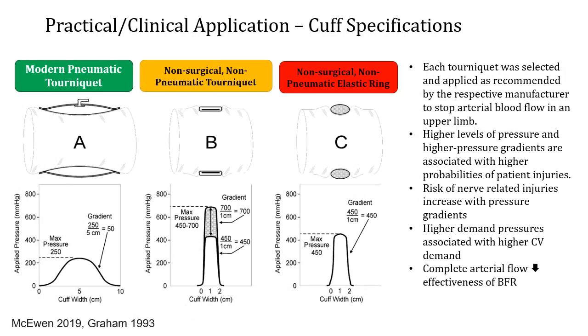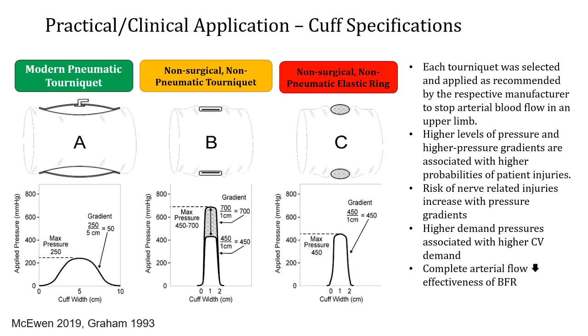So why does it matter? It matters because of this. I give you three examples: the modern pneumatic tourniquet, the non-surgical non-pneumatic tourniquet, and the non-surgical non-pneumatic elastic ring. What you're looking at on the y-axis for each of the figures is the applied pressure in millimeters of mercury, and then the max pressure that occurs depending on the cuff width for each of the different scenarios.